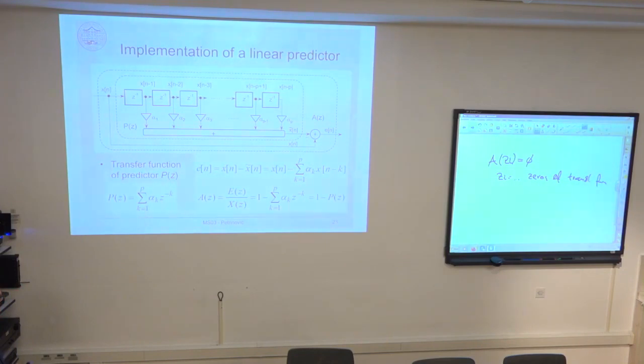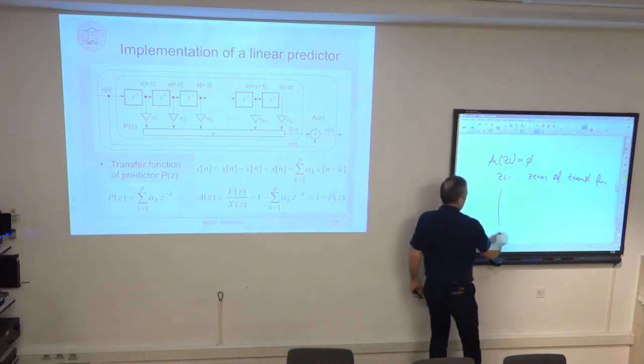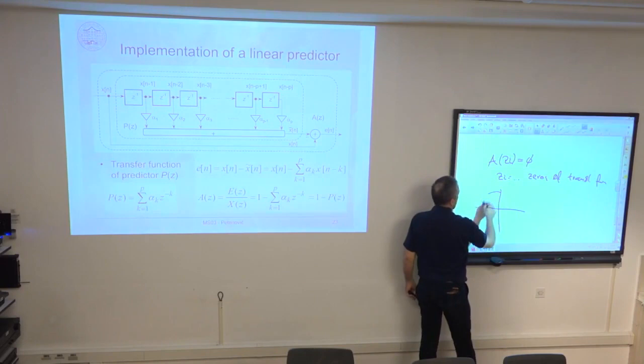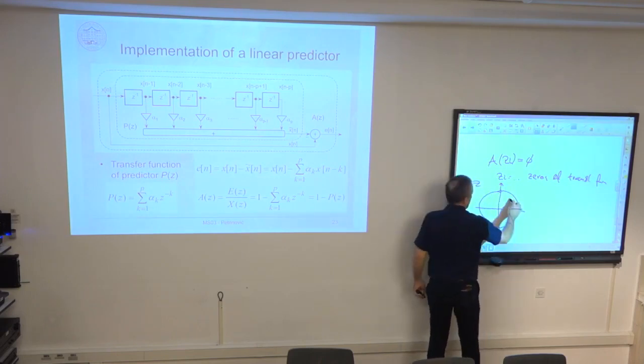And as this z is a complex number, I can plot these zeros in the complex plane.